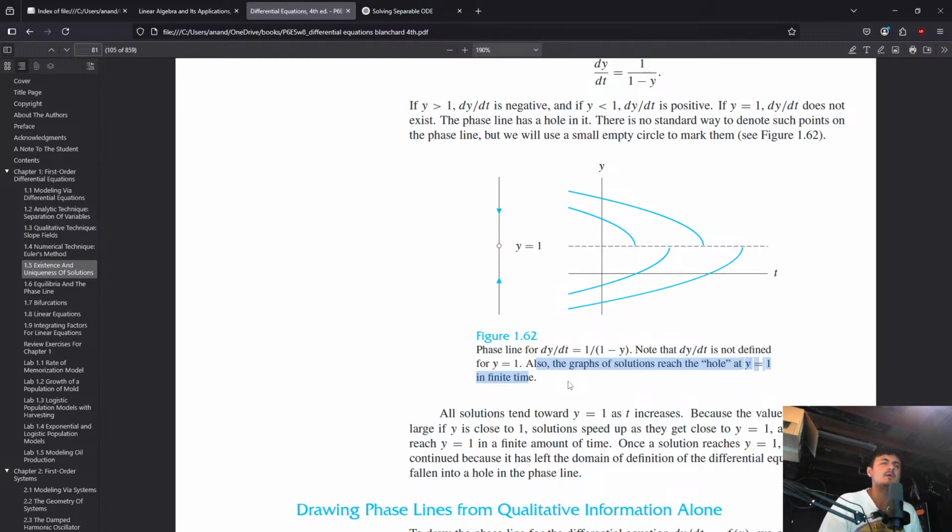But that's what I don't get about these, because for any given initial value problem, don't you have one on the other side? Or, okay, wait. Let's just figure this out. So we have 1 minus y dy is equal to dt. We integrate and we get y minus y squared over 2 is equal to t.